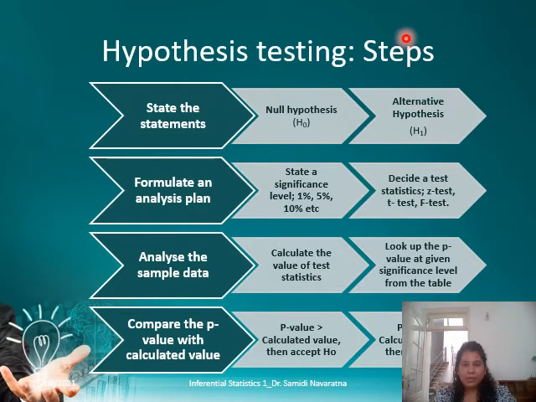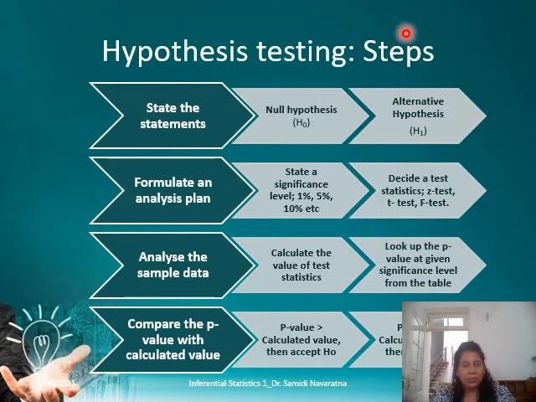To test this hypothesis, you need to restate it as the null hypothesis and the alternate hypothesis. In this case, the null hypothesis would be men are on average not taller than women. Then the alternate hypothesis would be men are on average taller than women.